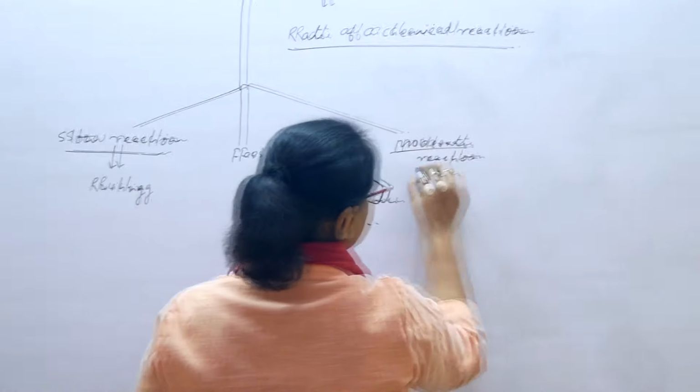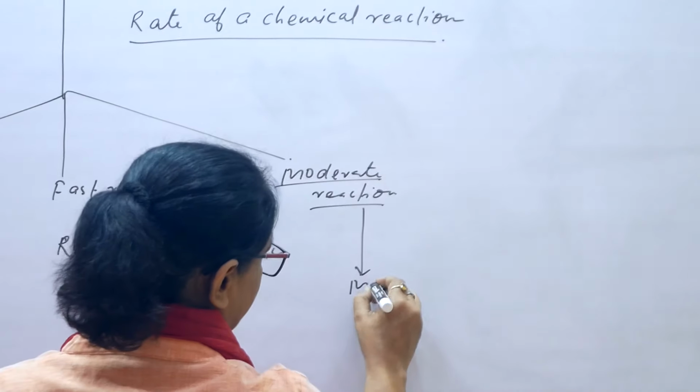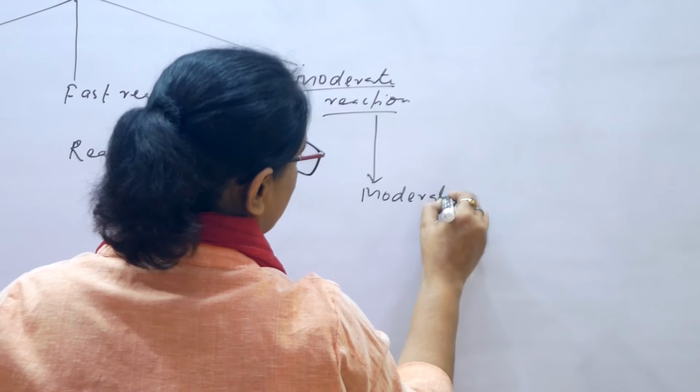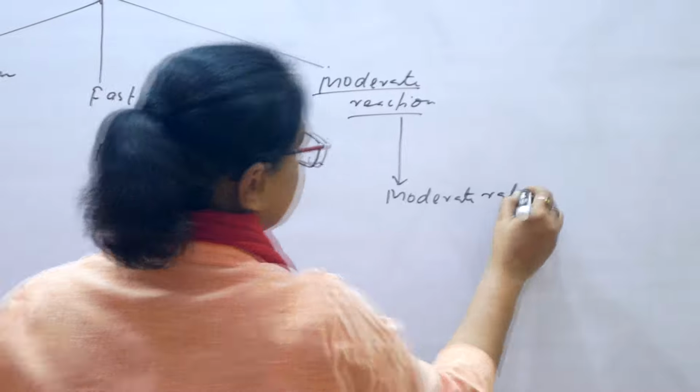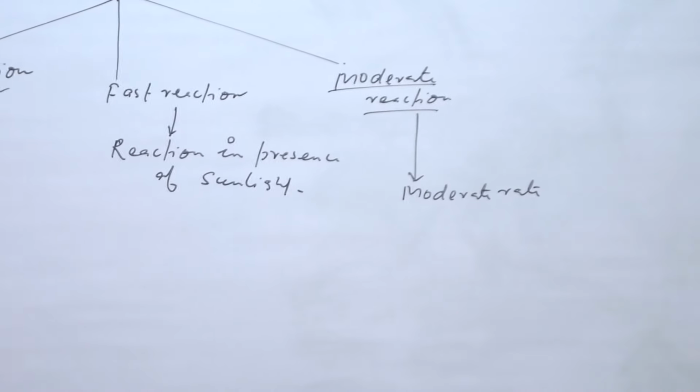And third one is the moderate reaction. But the reaction which takes place at a moderate rate, neither slow nor fast, is called a moderate reaction.